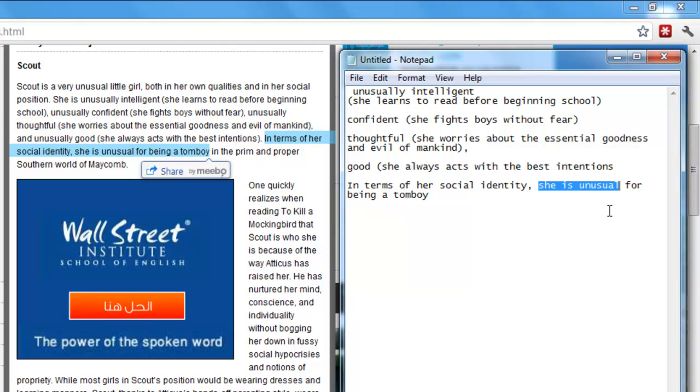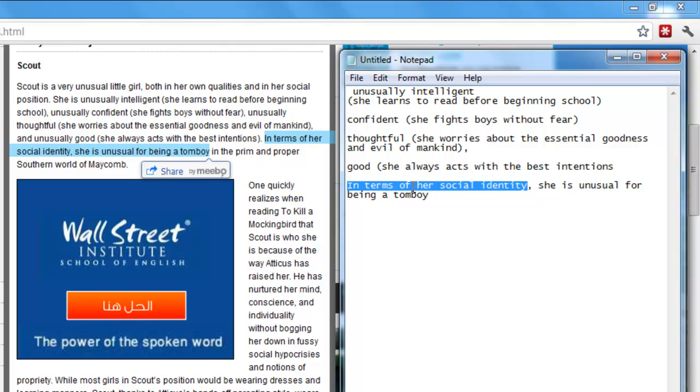If you say someone is strange, there are many ways in which they can be strange. They could look strange, they could act strange, they could talk strangely. So here they tell you in what regard, in what aspect, which is social identity, is she unusual.